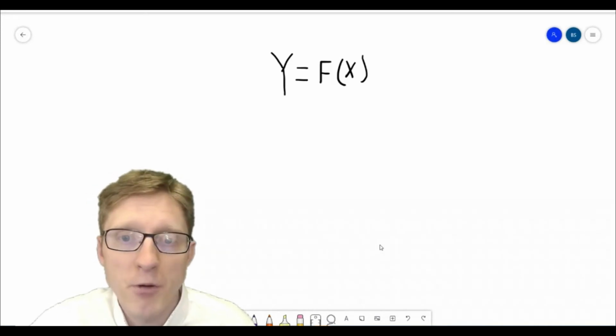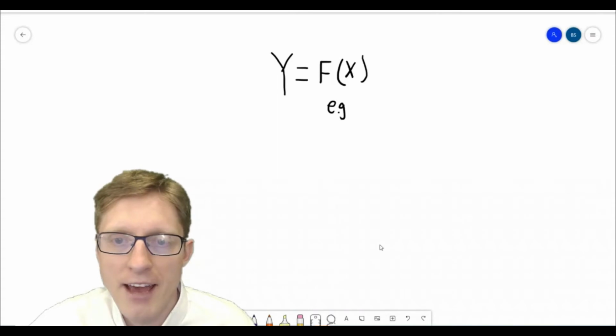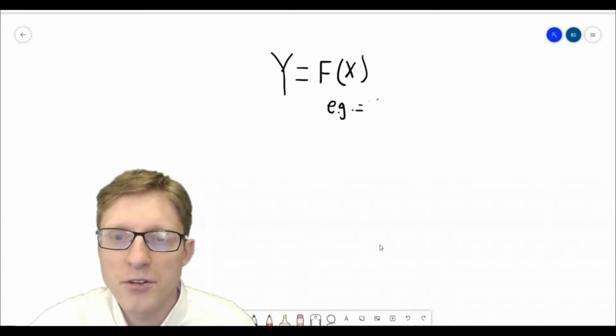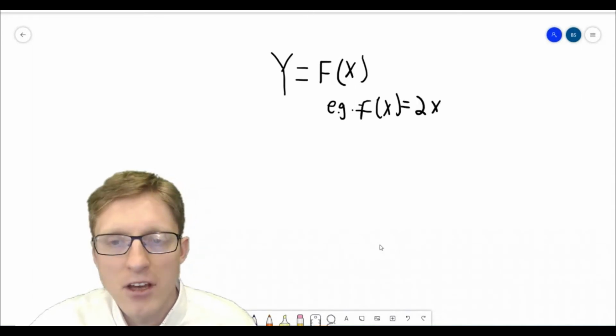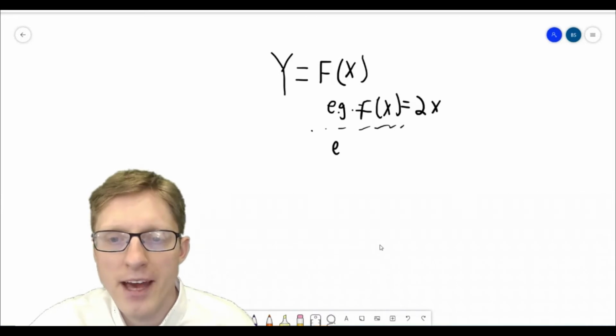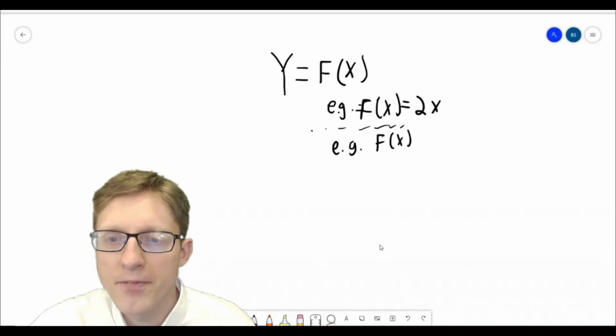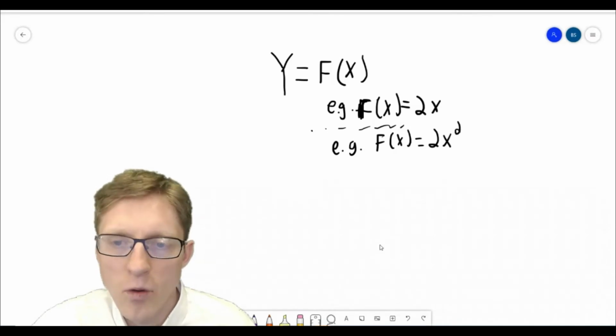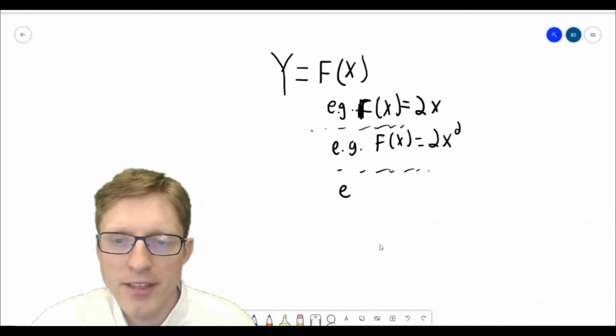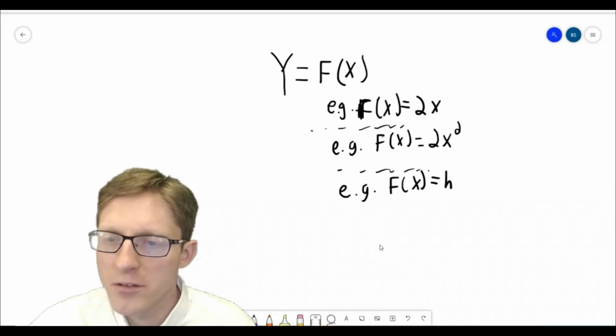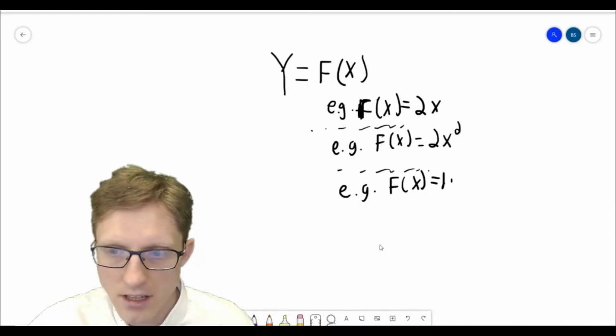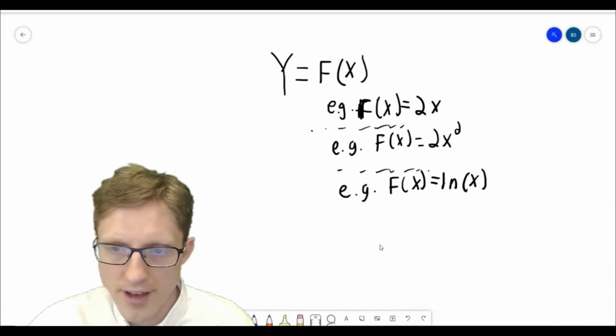So it could be, for example, in some problems that f of x is equal to 2x, or in another problem it might be that f of x is equal to 2x squared, or in another example it might be that f of x is equal to the natural log of x.